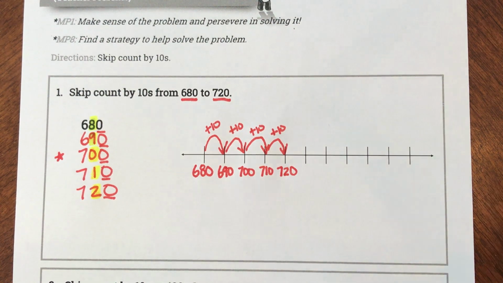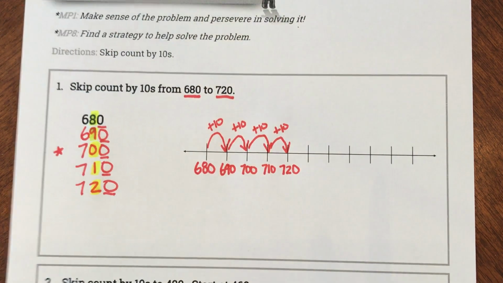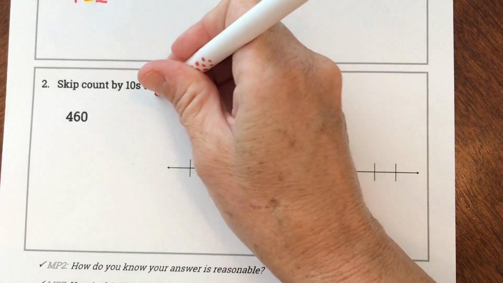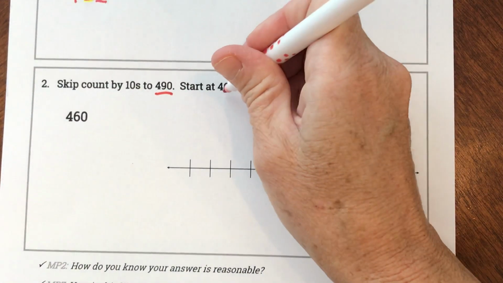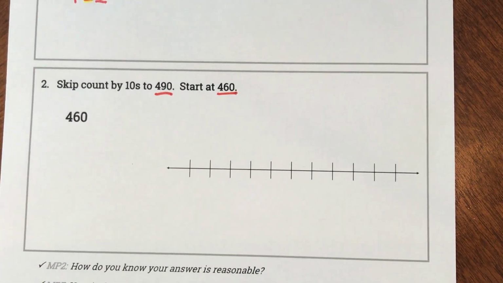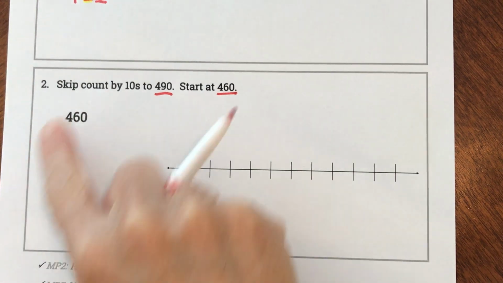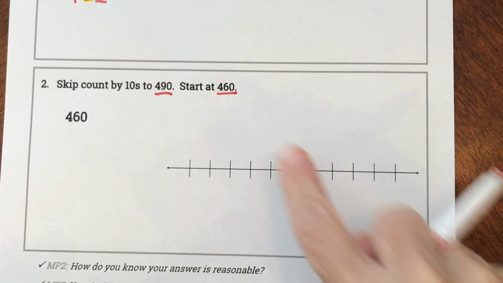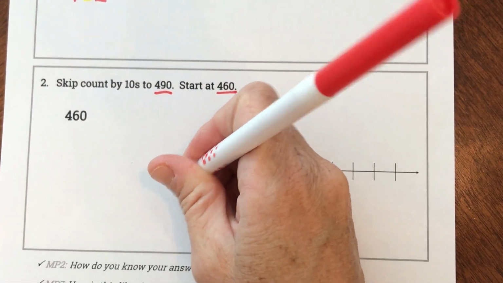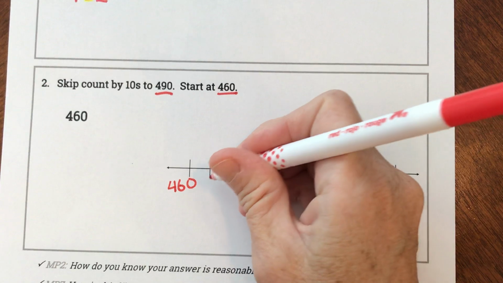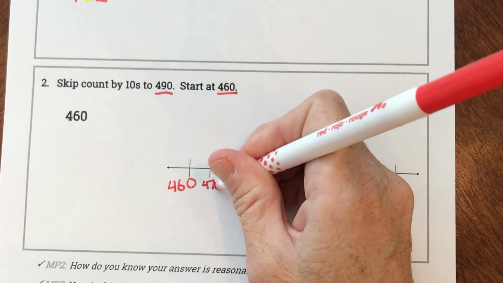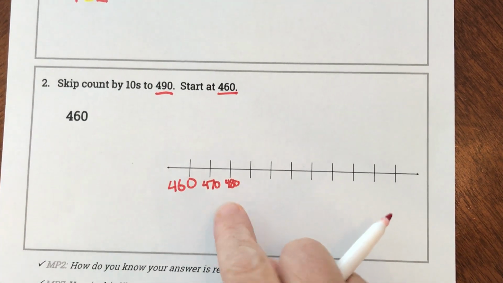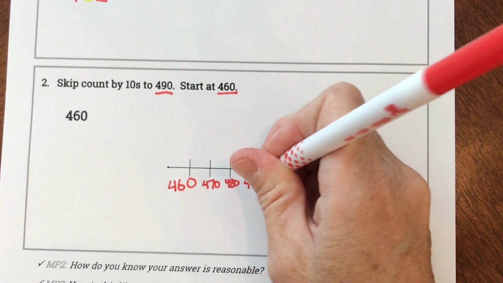Okay, let's look at my next one. My next one says, skip count by tens to 490, start at 460. Okay, so I don't have to do it vertically now, because they want me to use this number line. So I start at 460, and I try to do it under the dash, then 470, 480, and I know they don't leave me a lot of room under these dashes. 490.